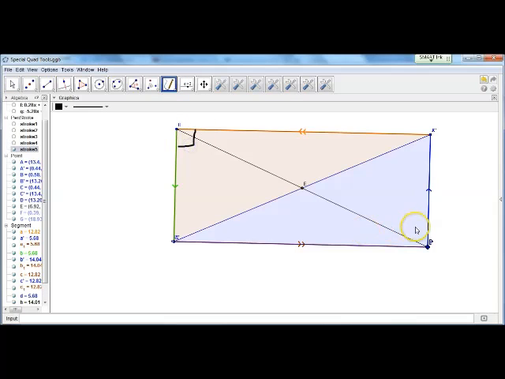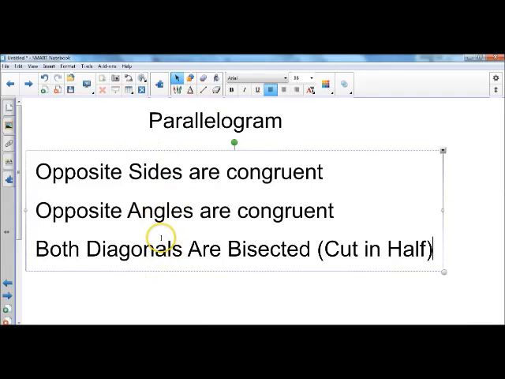This angle is 90, this is 90, that 90 rotated to make this 90, and this 90 degree angle could rotate around that point to make this 90. So opposite angles are still congruent. So being a parallelogram, like a rectangle is a parallelogram, a rhombus is a parallelogram, and a square is a parallelogram, then those three additional special quads have these parallelogram properties as well.